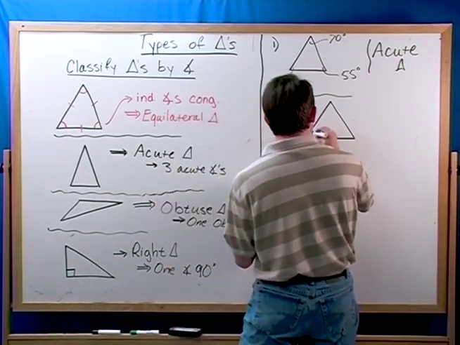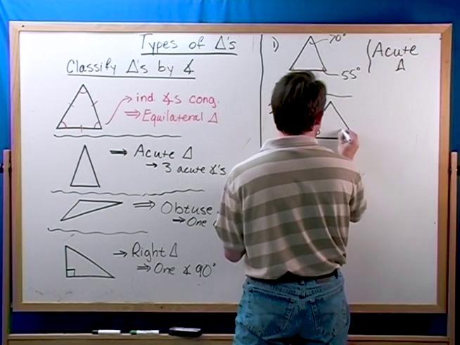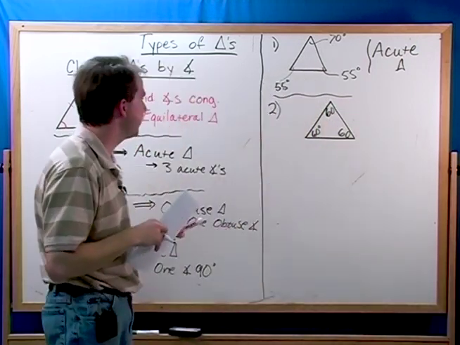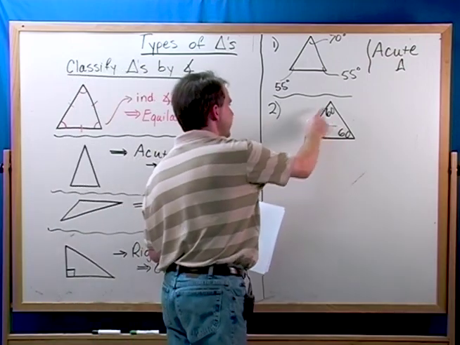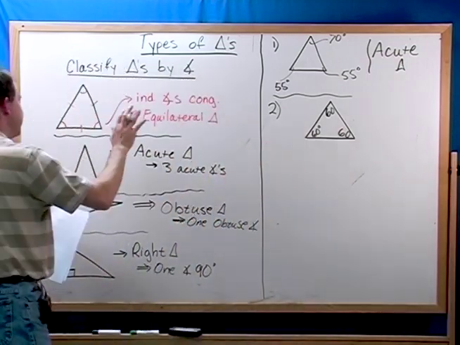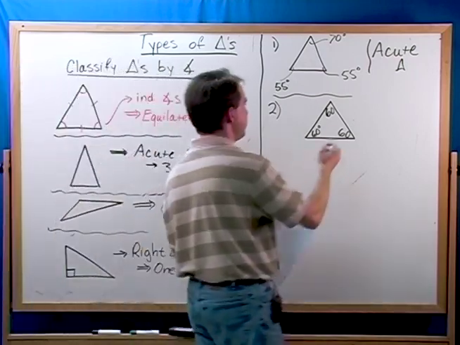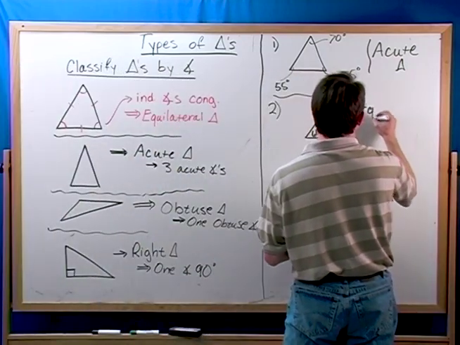And it tells me this is 60 degrees here, 60 degrees here, and 60 degrees there. 60, 60, 60. Three angles exactly the same, which means I have an equilateral triangle because all angles are the same. So this is equilateral.